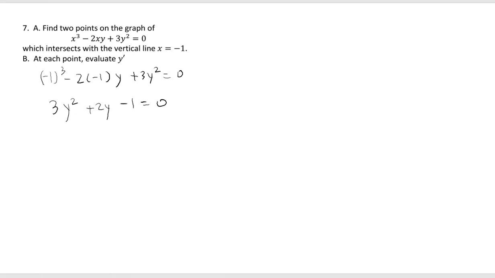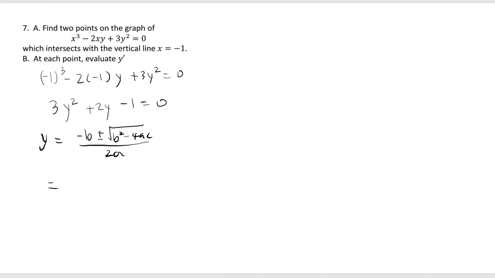Okay, now you can either factor this, which is not too bad. You can easily factor this, but if you don't know how to factor when you have a number here that's not 1, in that case the next best thing would be to use the quadratic formula, which says negative b plus or minus square root of b squared minus 4ac, all over 2a.